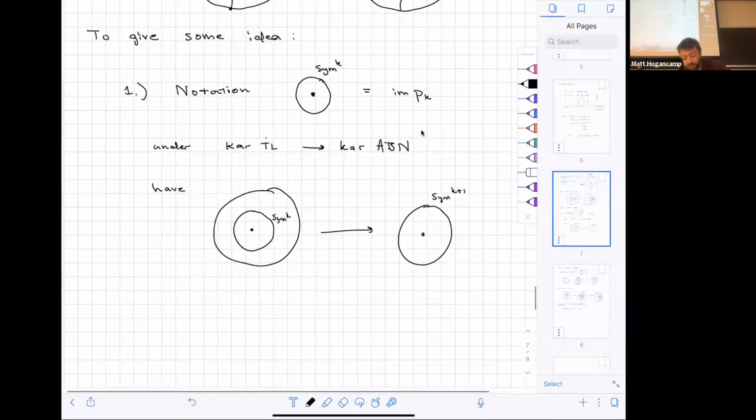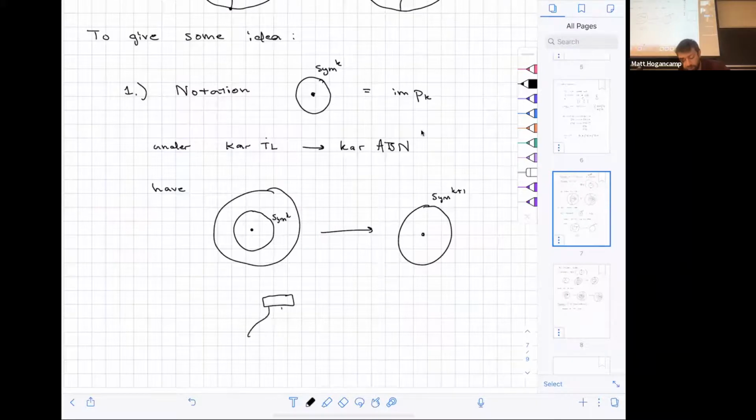In the dotted Temperley-Lieb language, this would be the morphism that just takes one strand and, yeah, that's this morphism in the dotted Temperley-Lieb category.